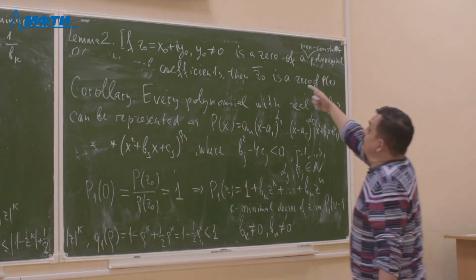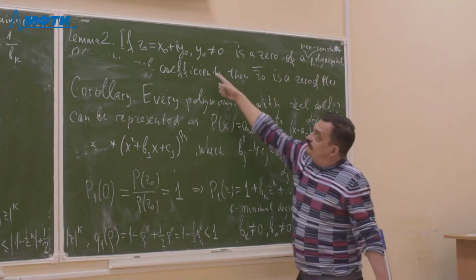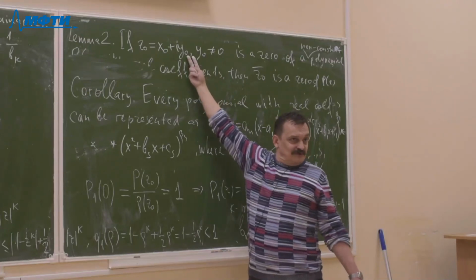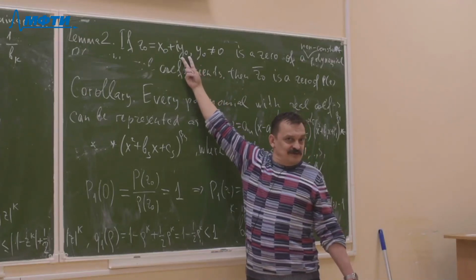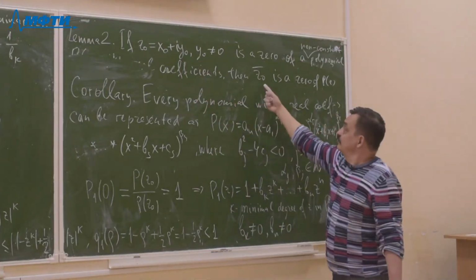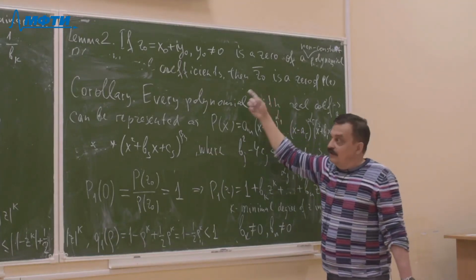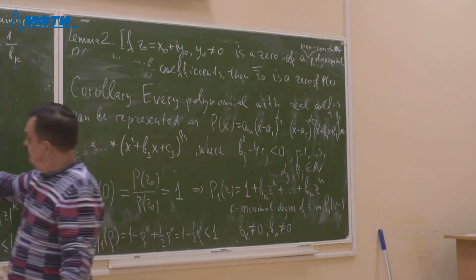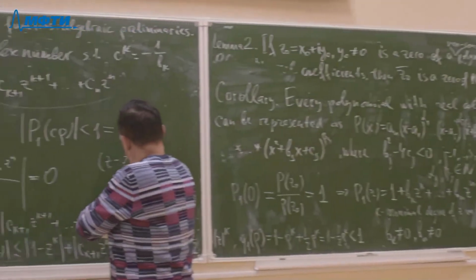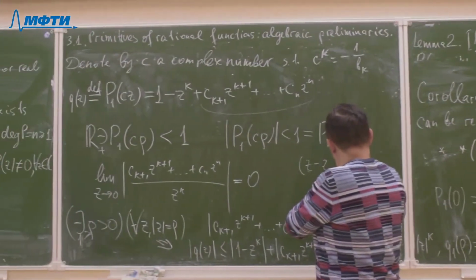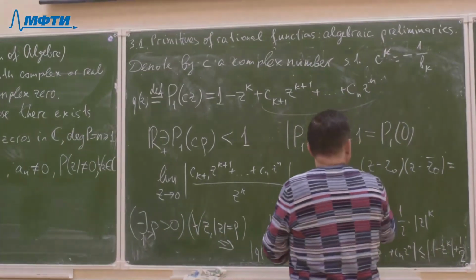If a real polynomial has a complex zero with non-zero imaginary part, then the conjugate is also a zero, right? And we multiply z minus z naught times z minus z naught conjugate. What is it?